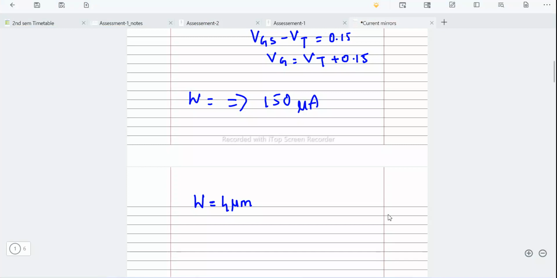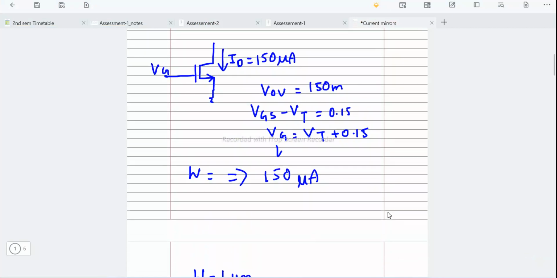So we shall substitute the threshold voltage here. We got 0.46 plus 0.15, and when we evaluate this, we end up getting the value of 0.61.